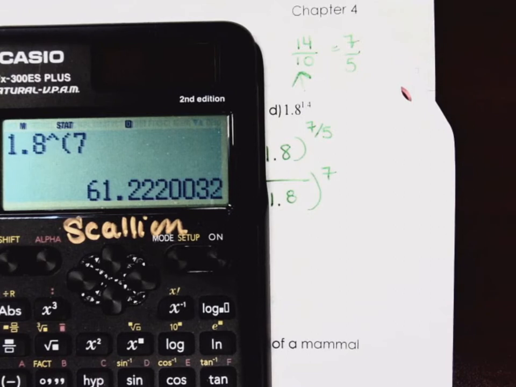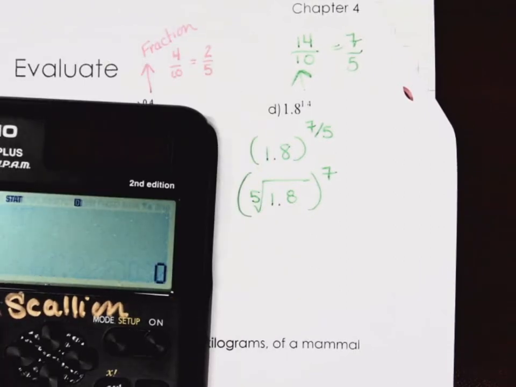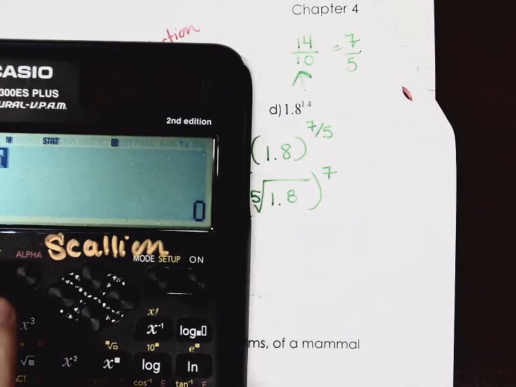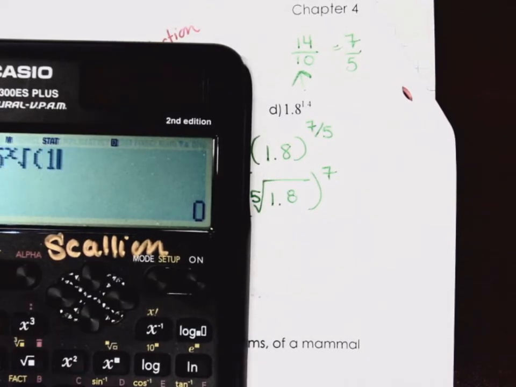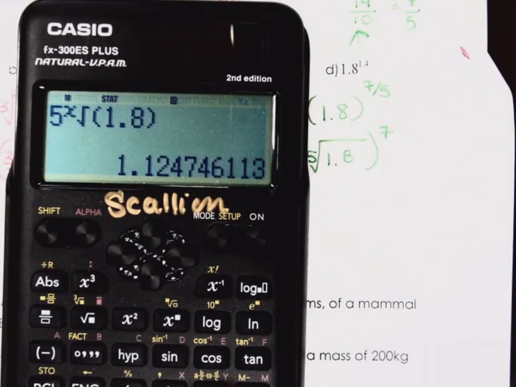So it looks like we're going to end up with some sort of irrational number here, which is okay. So let's do the 5th root of 1.8. That gives me that. And then I'm going to do that to the exponent 7.